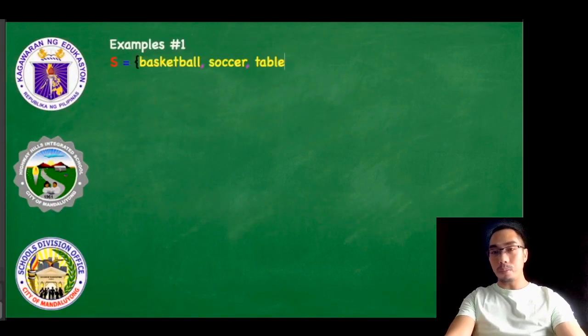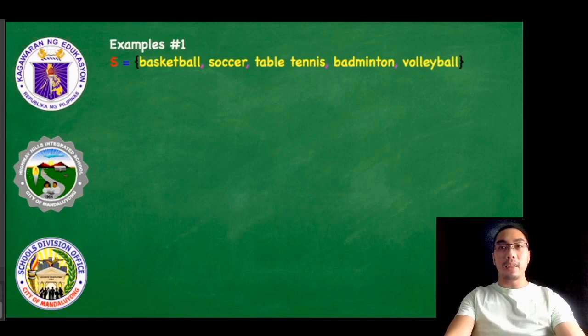Now let's take some examples. Here's the first example. Set S. The elements are basketball, soccer, table tennis, badminton, volleyball. If we are going to describe this set, what do you think? This is the set of sports. Now let's take another example.